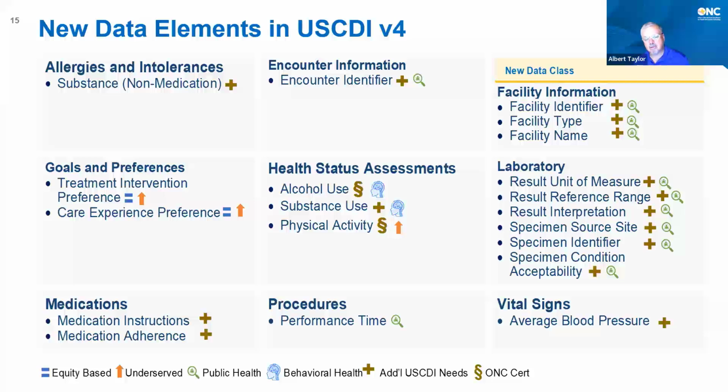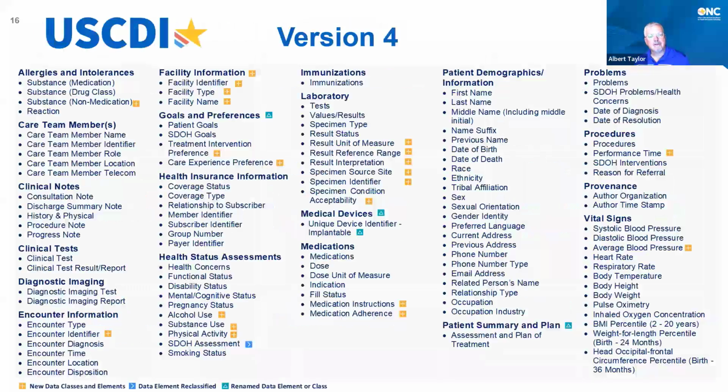So I'm not going to go through each one of these, but these are the new ones that were added. The little symbols indicate those relate to the prioritization criteria that we mentioned in the previous slide. Next slide. And this is just a summary of all of the data elements that comprise USCDI version 4. Next slide.